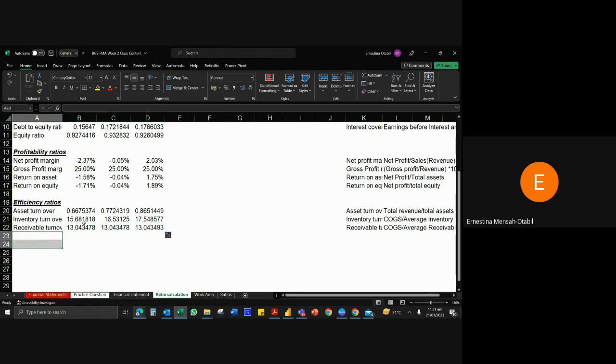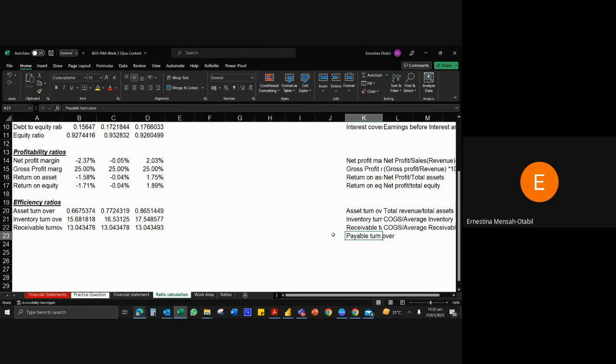So we move to payable turnover. What is payable turnover? Just like how receivable turnover is used to show how the company is able to manage its debtors, payable turnover is also used to measure how often a company pays its suppliers.